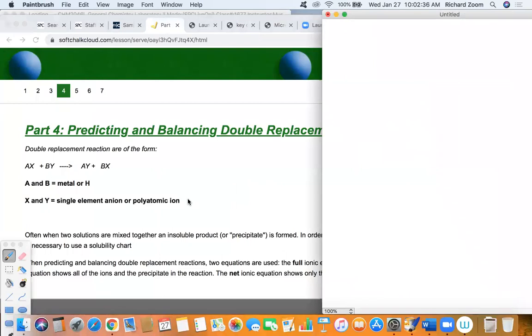So I've got the same kind of notation as I had earlier. We've got AX plus BY, kind of like the AB plus CD, giving AY, so the combination of the A and the Y and the B and the X. So the outsides and the insides are what get joined together. A and B can be a metal or even possibly H, and X and Y are single element anions or polyatomic anions.